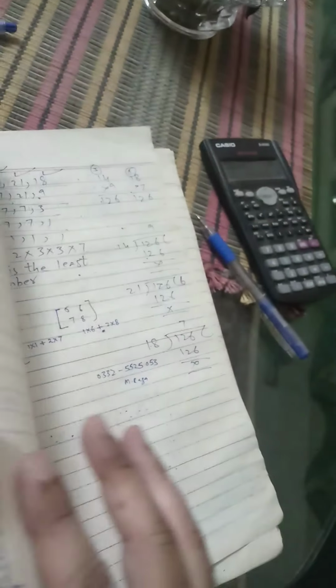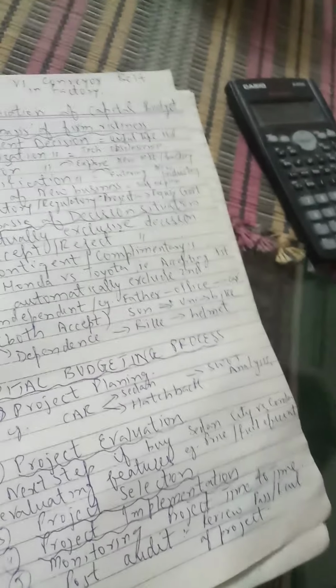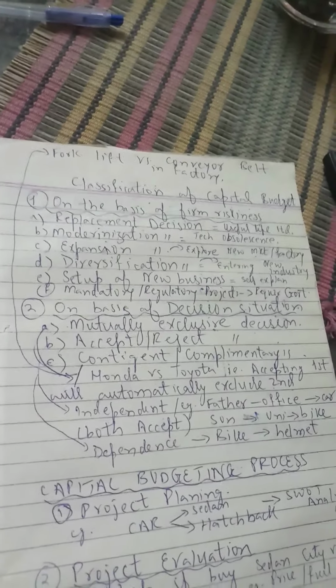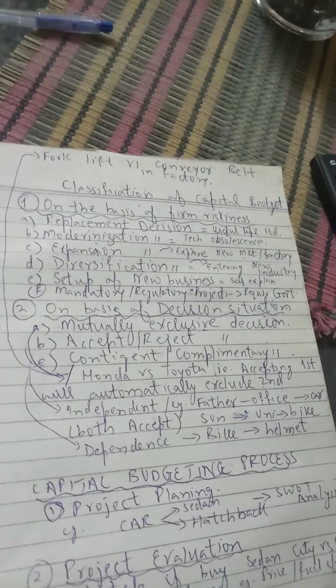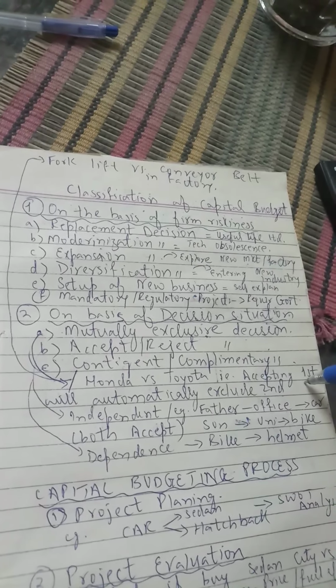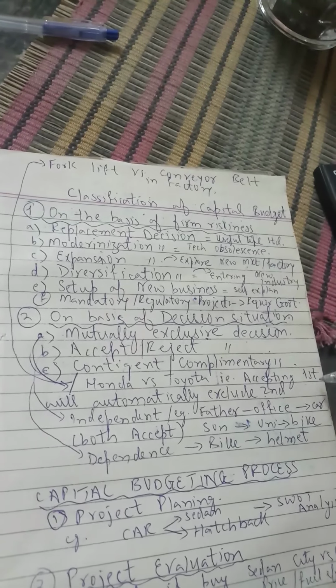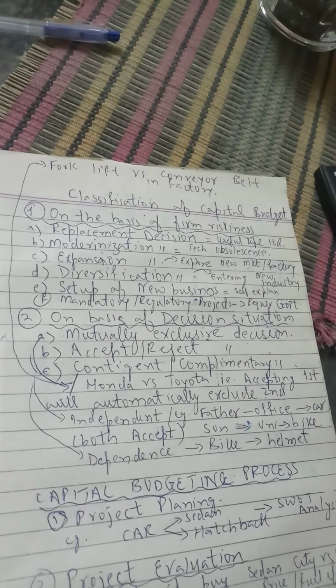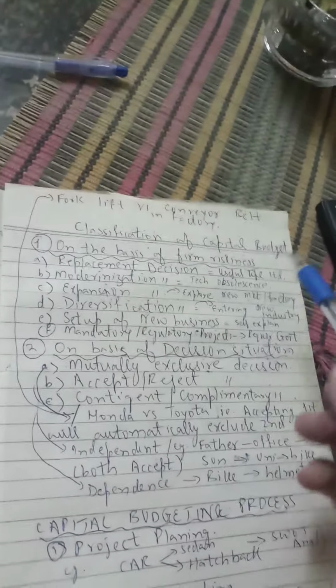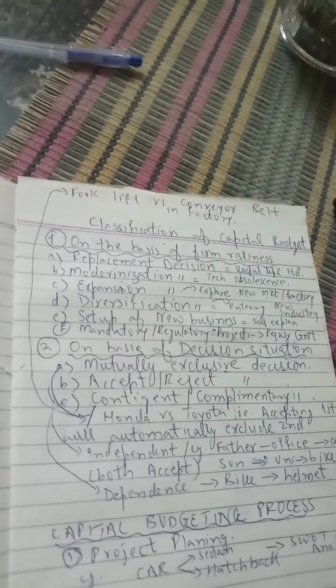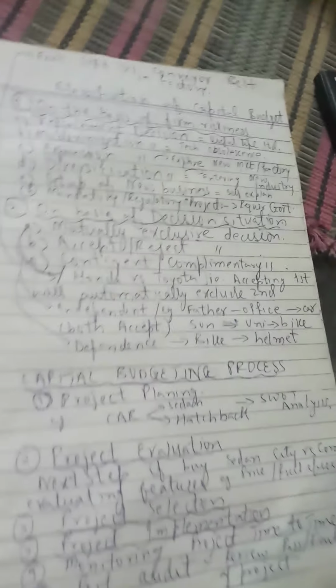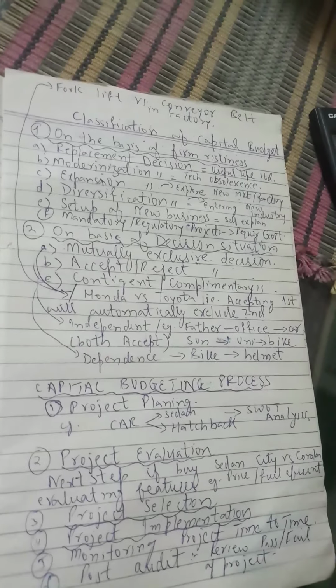First of all, we may define capital budgeting. Capital budgeting is defined as the phenomenon of identification, investigation, analysis and selection of those investment proposals whose cash flows extend beyond one financial year.